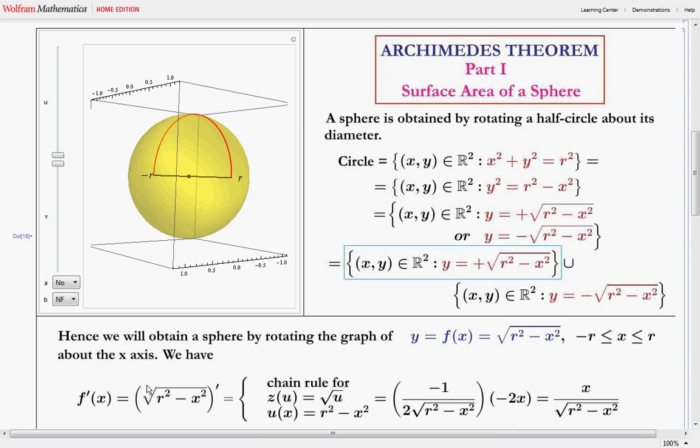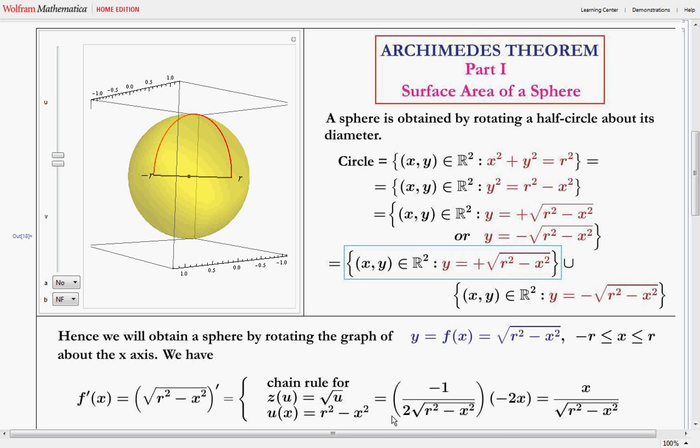So f prime of x is, of course, the derivative of our square root of r squared minus x squared, and this is a composite function. It is composed of the function square root of u, where u is r squared minus x squared. We will use therefore the chain rule, and the derivative of square root of u is 1 over 2 times square root of u, with u being this expression, and the derivative of u, which is this quadratic function, is simply minus 2x.